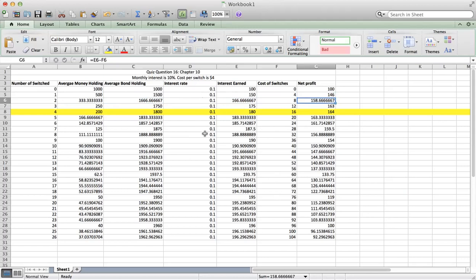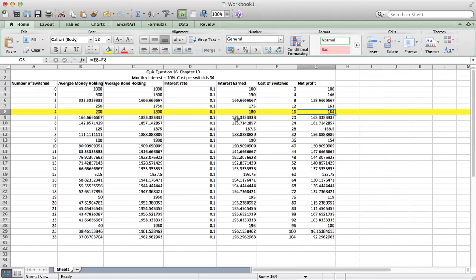You do the same thing for 3 switches. This is the total interest earned. This is total cost. This is the difference. And this is the interest earned for 4 switches. And this is the net profit. And notice that if you increase the number of switches beyond 4, your total profit starts to go down.